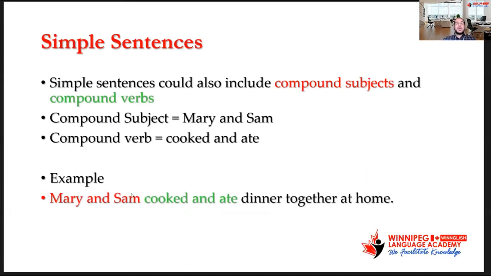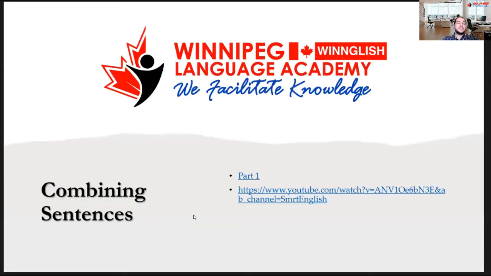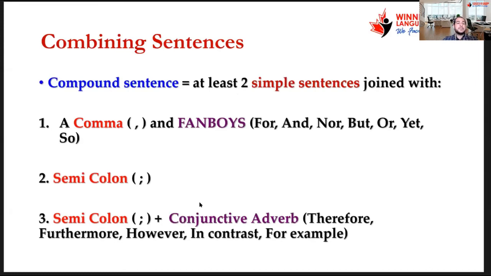Sometimes you have two subjects like Mary and Sam, and two verbs like cooked and ate, but still this is considered a simple sentence because we call this a compound subject and this a compound verb. We looked also at how to join two simple sentences to create a compound sentence. We could use a comma and one of the fanboys: for, and, nor, but, or, yet, or so. Or you could use a semicolon, or you could use a semicolon and a conjunctive adverb, such as therefore, furthermore, however, in contrast, and for example.